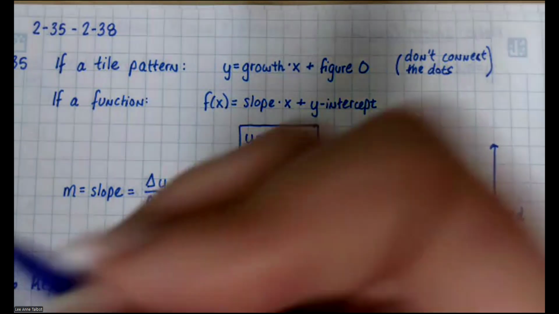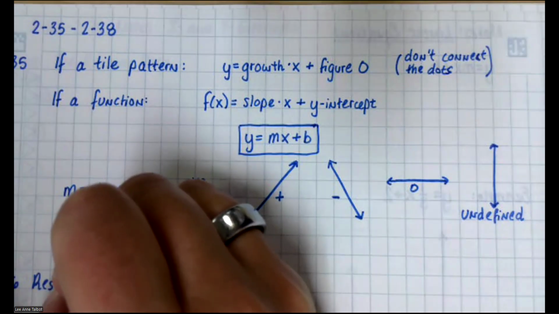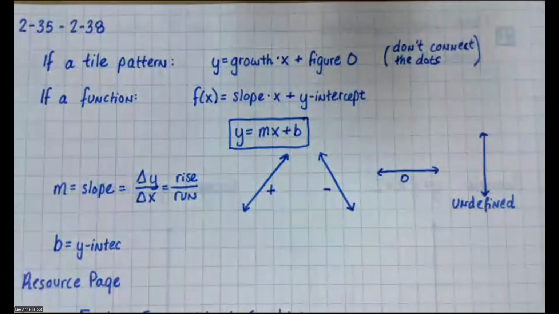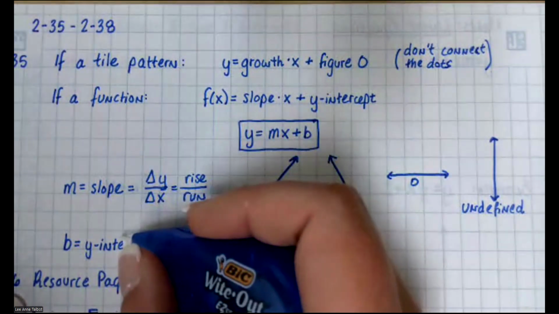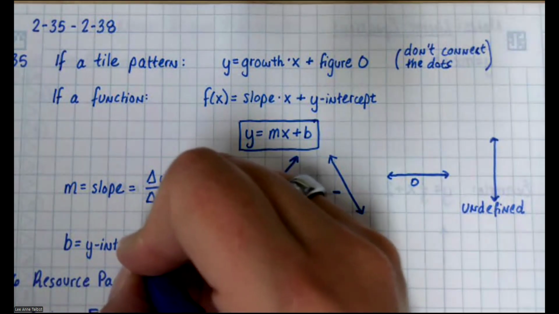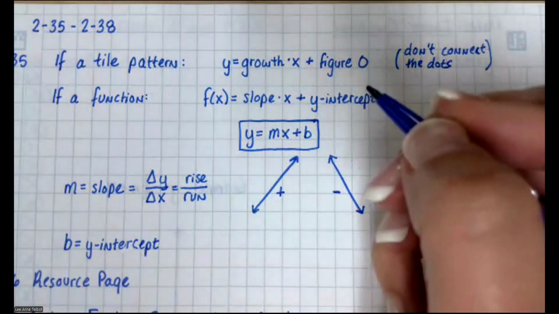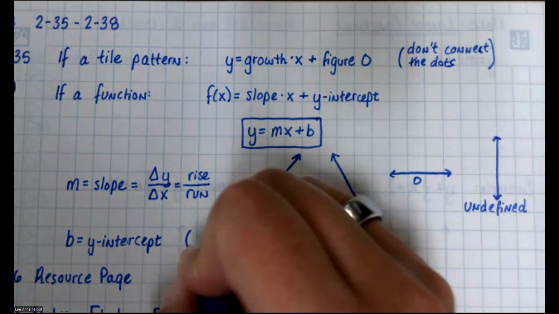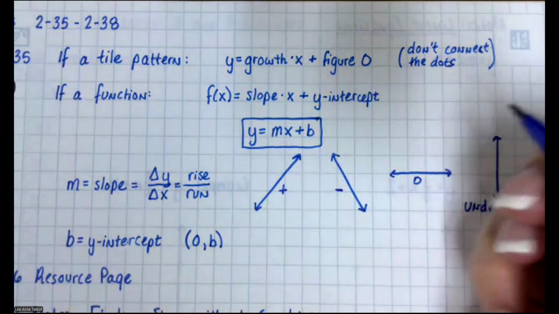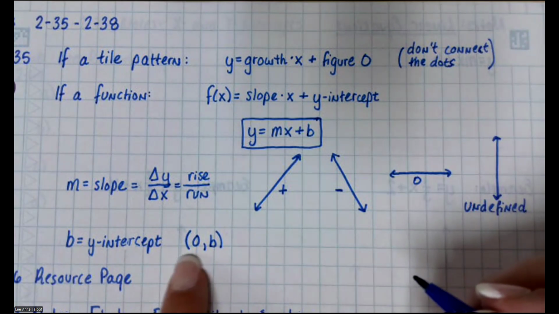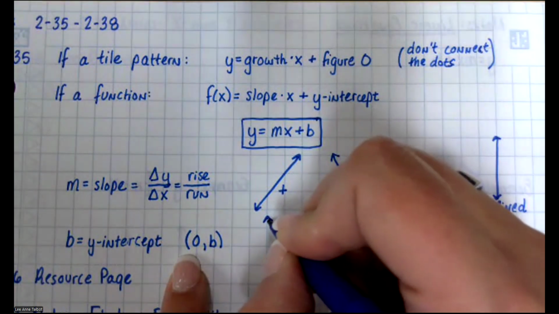Okay, so that's M. B is the y-intercept, which is a coordinate 0, comma B. So that's why we're looking for figure 0 in the table or in the tile pattern, because the coordinate starts with 0.